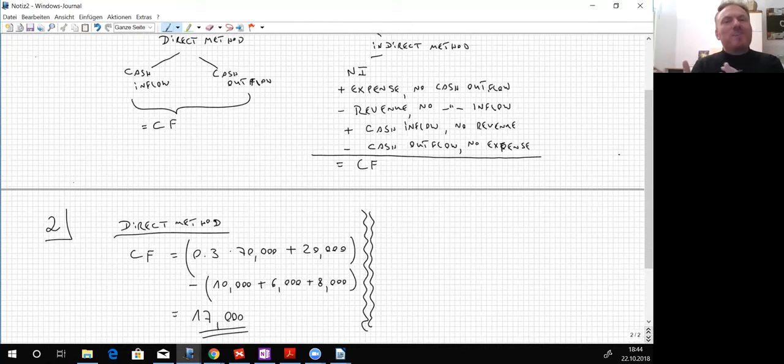Maybe it's different the indirect way, but then we would just have committed one fault. I wouldn't know where at first glance; we would have to search for it. So using the direct method, it is clearly 17,000. Now we need to use the indirect method. I need to erase this. The indirect method.